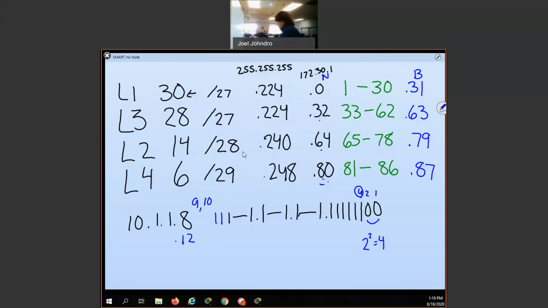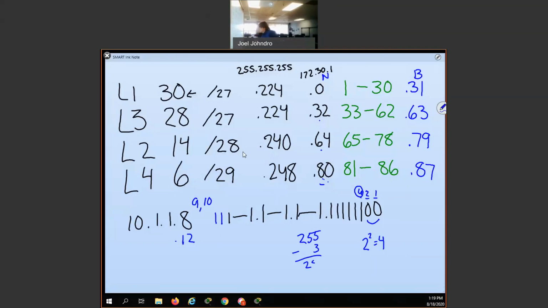By the way, might as well do the subnet mask. We know that all ones here will be 255. Well, let's subtract out the 1 and the 2 above the zeros, which is 3. That gives us 252. If you want to add up 128 plus 64 plus 32 plus 16 plus 8 plus 4, you would come up with the same answer.